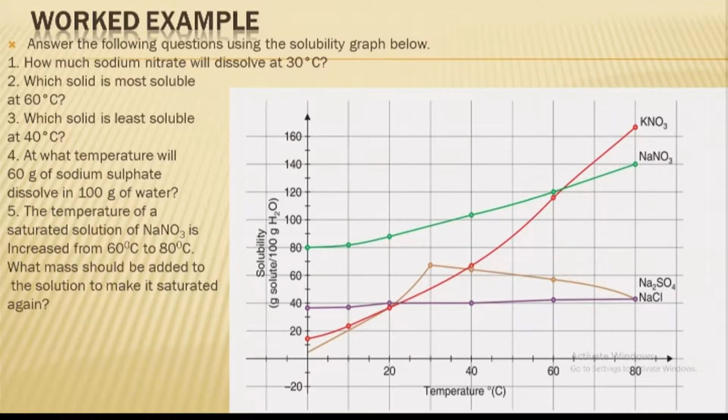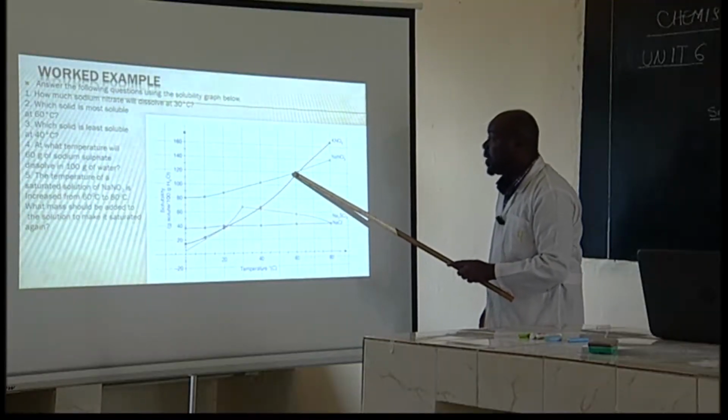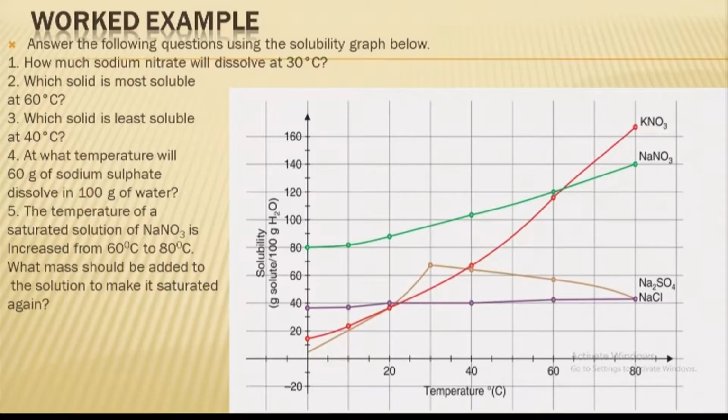So you can see that the one which has the highest value of Y at this temperature is sodium nitrate. So the solid which is most soluble at this temperature is sodium nitrate.